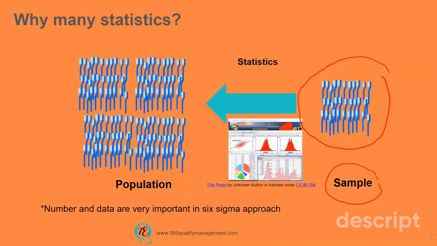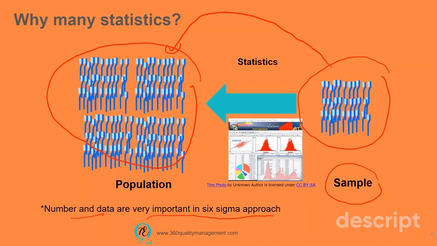And from the sample, we also need to know whether the behavior of the sample correlates to the population itself. Even though you can measure 100% of the present population, you will not be able to measure the future population. This is where inferential statistics comes in to give a certain level of confidence that the population will behave per the samples. Therefore, numbers and data are very important in the Six Sigma approach.